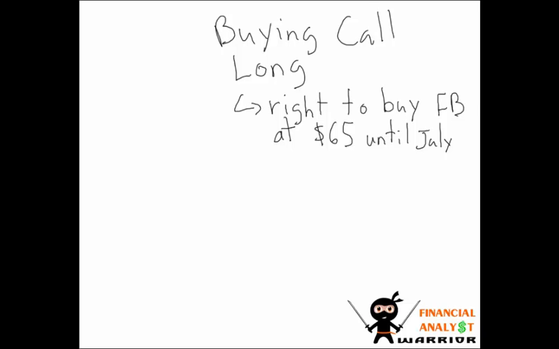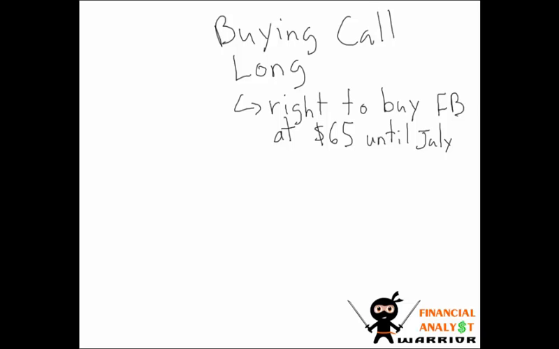Here we're not going to get into American versus European for now, but actually, let's get into it, since it's so simple to explain. If it's an American option, you have, in this case, the right to buy Facebook at $65 anytime between now and July. You can exercise anytime. If it's a European call, you can only exercise at the expiry date. Let's assume in the US the options expire the third Friday of each month, so let's say it's July 18th.